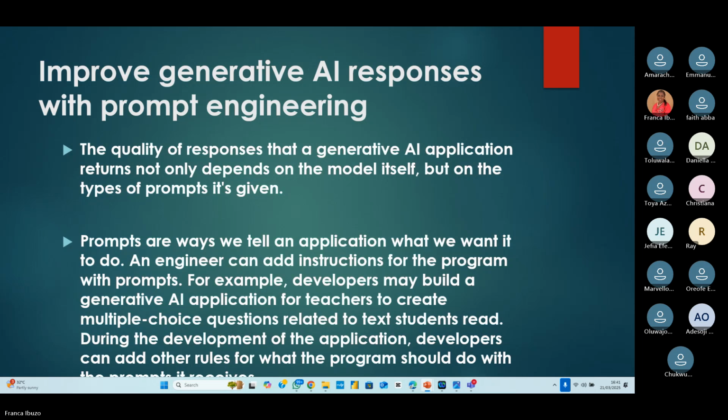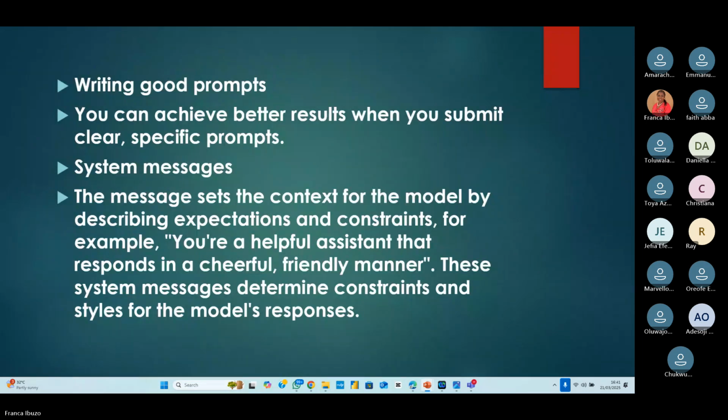So you need to learn how to prompt properly. When writing good prompts, you can achieve better results when you submit clear, specific prompts. If you write some prompts badly, it will start hallucinating about what it doesn't understand.